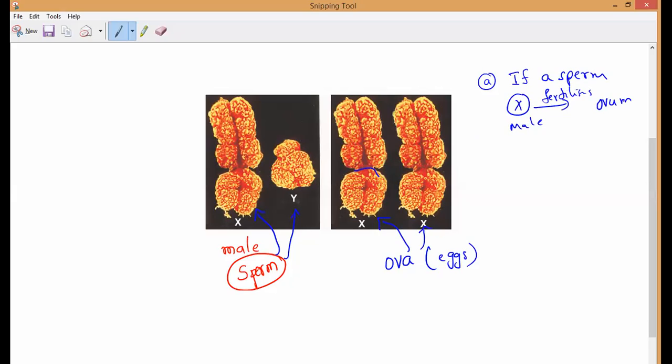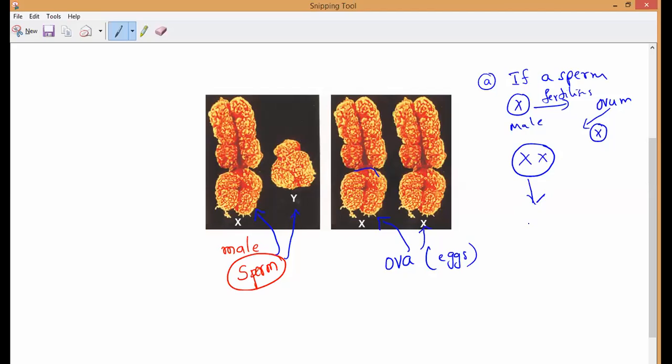And the egg or ovum also carries which chromosome? X chromosome only. Then definitely XX will join together.